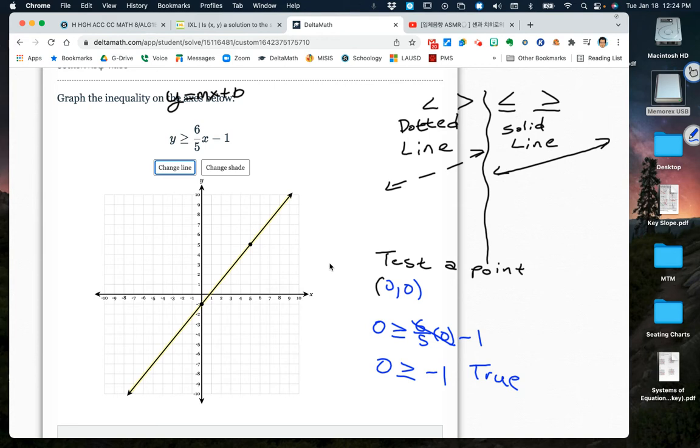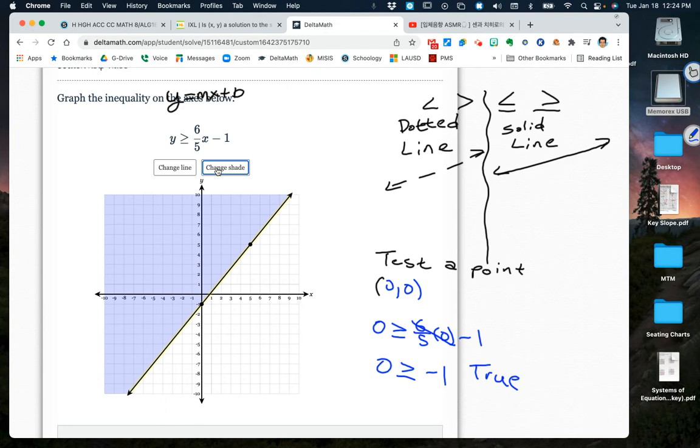Any point on this side is a solution. So this is the side we want to shade. We can shade either side, but the side we want is this one. That means any point over here in the shaded region or any point on the line is a solution to that inequality. Any questions on that?